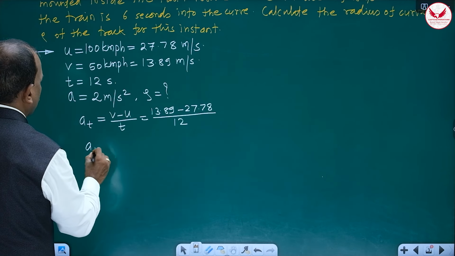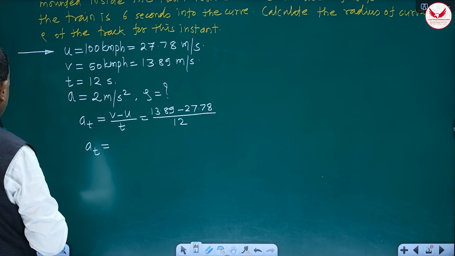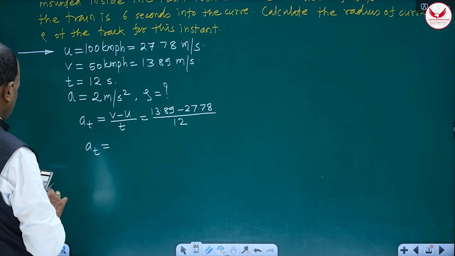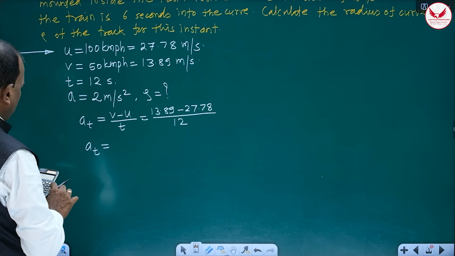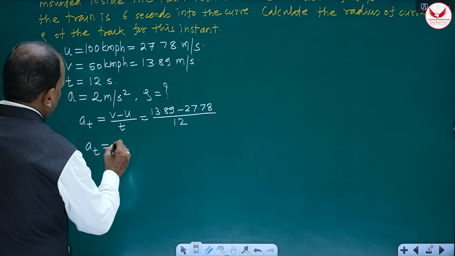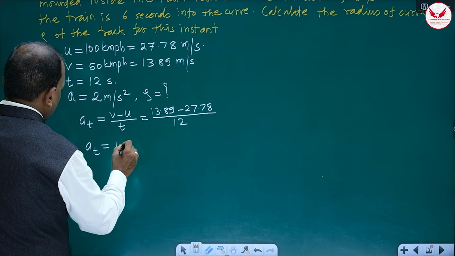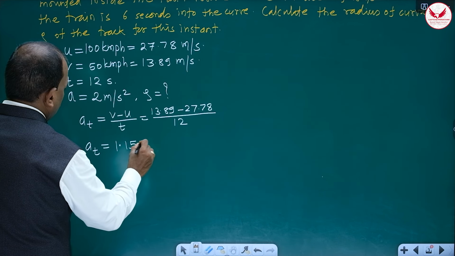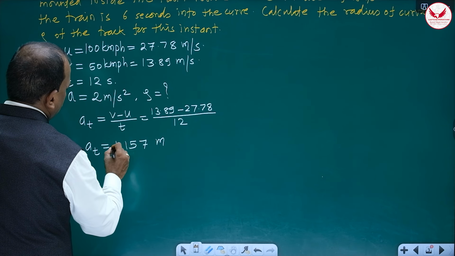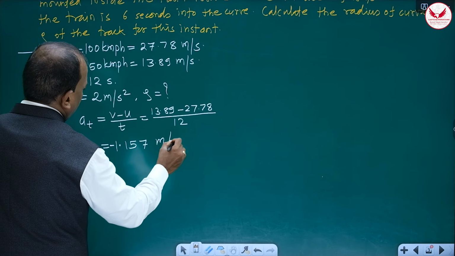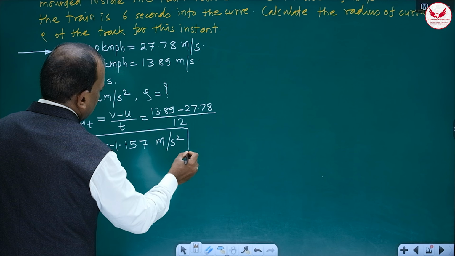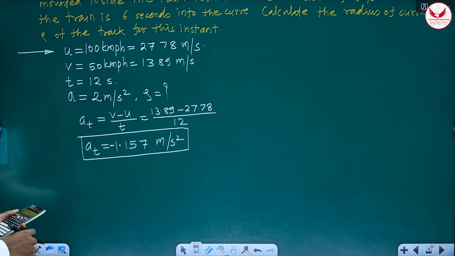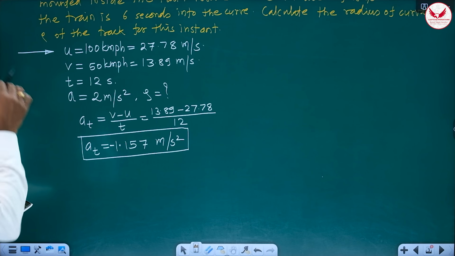Means it is minus 1.157 meters per second square. It is negative, deceleration. It is deceleration. Correct.